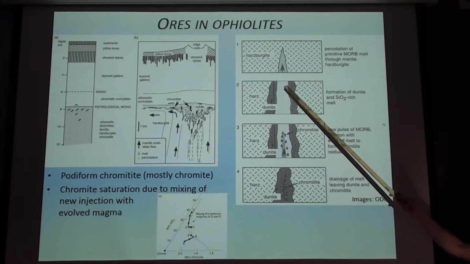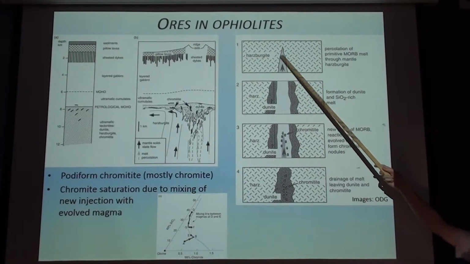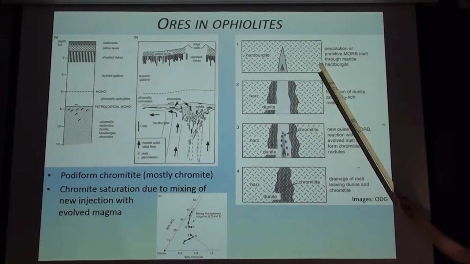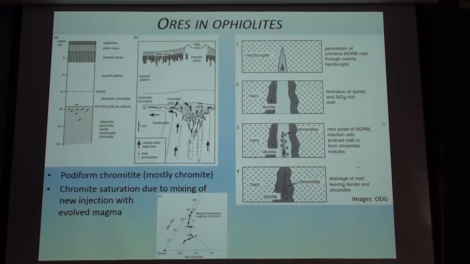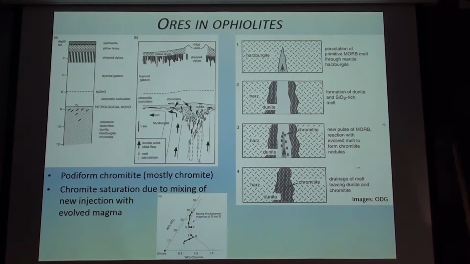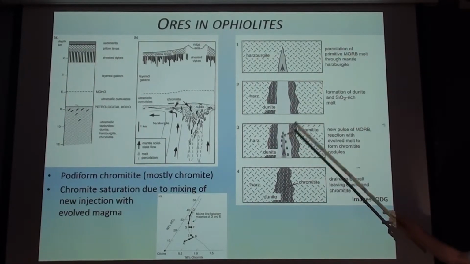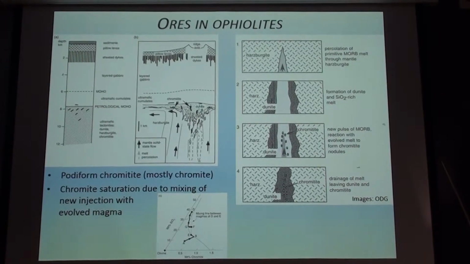So we've got maybe an injection of basaltic melt that starts to crystallize olivine on the walls, and the residual melt in the center will be more evolved, more silica-rich. At this stage, we inject a new fresh patch of basaltic magma. We mix it, and we form the precipitation of these chromites in chromitite pods.